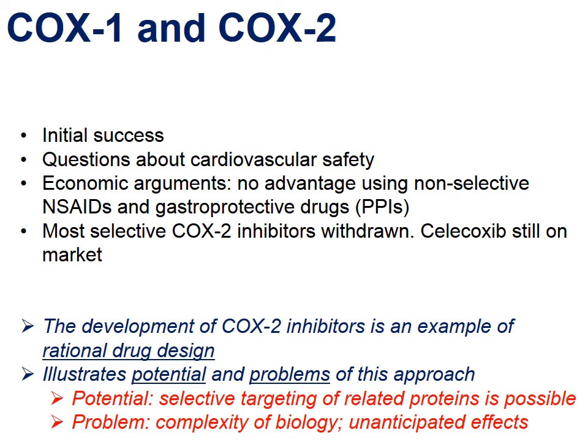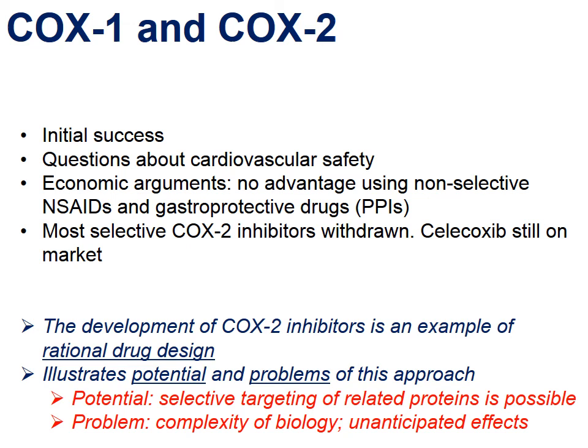And so, for a combination of reasons, selective COX-2 inhibitors have not caught on as much in the UK and Europe as compared to the US, perhaps. However, the story of selective COX-2 inhibitors demonstrates the process of rational drug design or rational drug discovery, and it illustrates the potential and the problems of this approach.